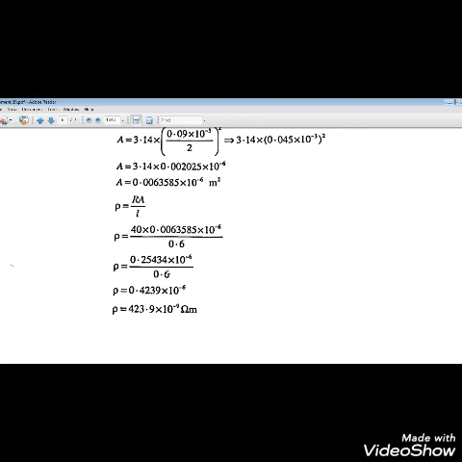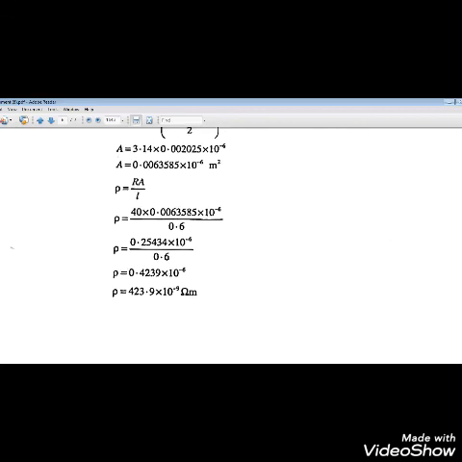Then make the simplification, you are getting 0.4239 into 10 to the power of minus 6. We can write that in terms of 10 to the power of minus 9, then rho is equal to 423.9 into 10 to the power of minus 9 ohm meter.